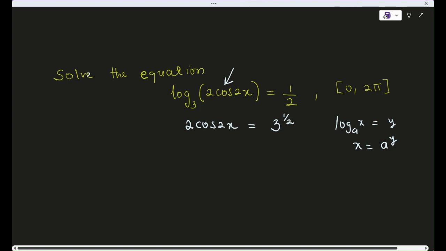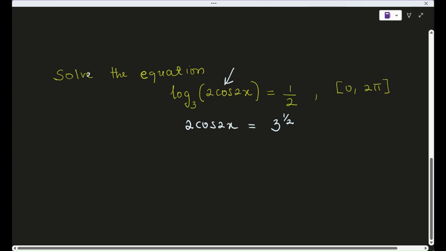So that is what we just applied here. So 3 to the power half. Then cosine of 2x is going to be, this is 3 to the power half, which is just root 3 over 2, right?